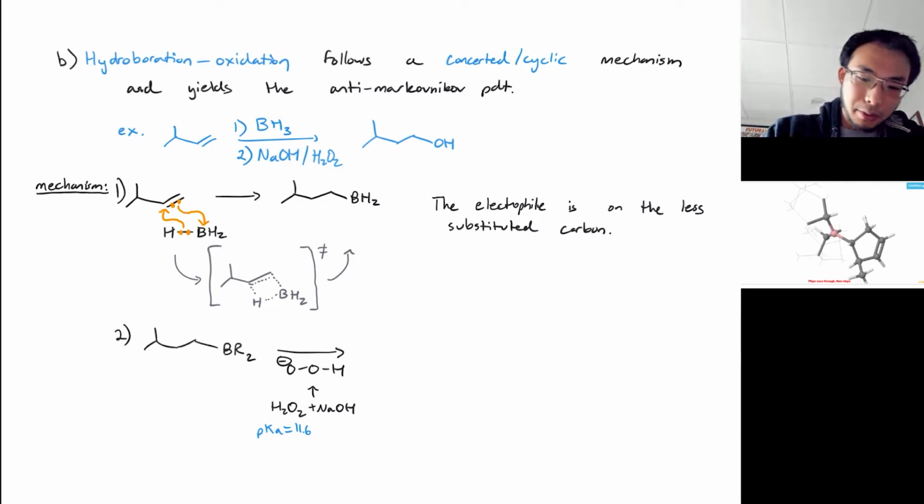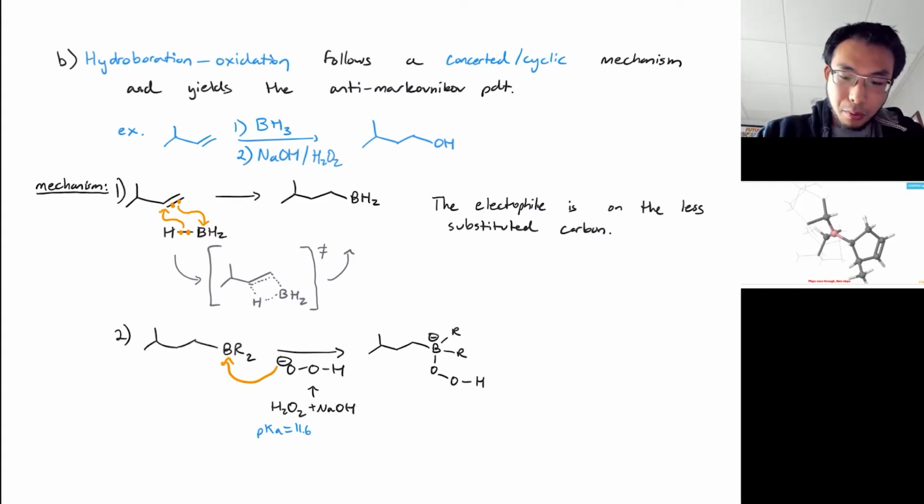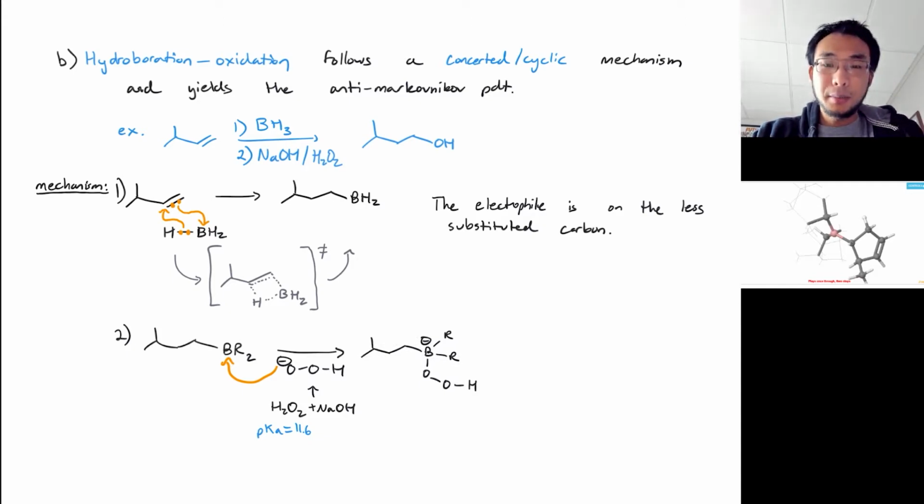Deprotonated hydrogen peroxide is a nucleophile. That's going to attack the boron, which is electrophilic. That gets us to this type of intermediate, where we've now caused there to be negative charge on the boron.